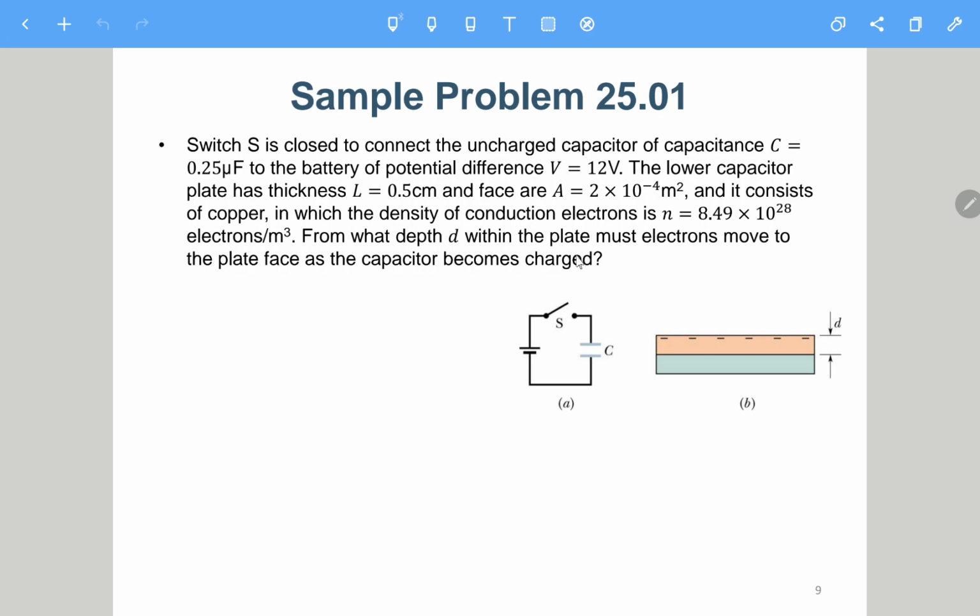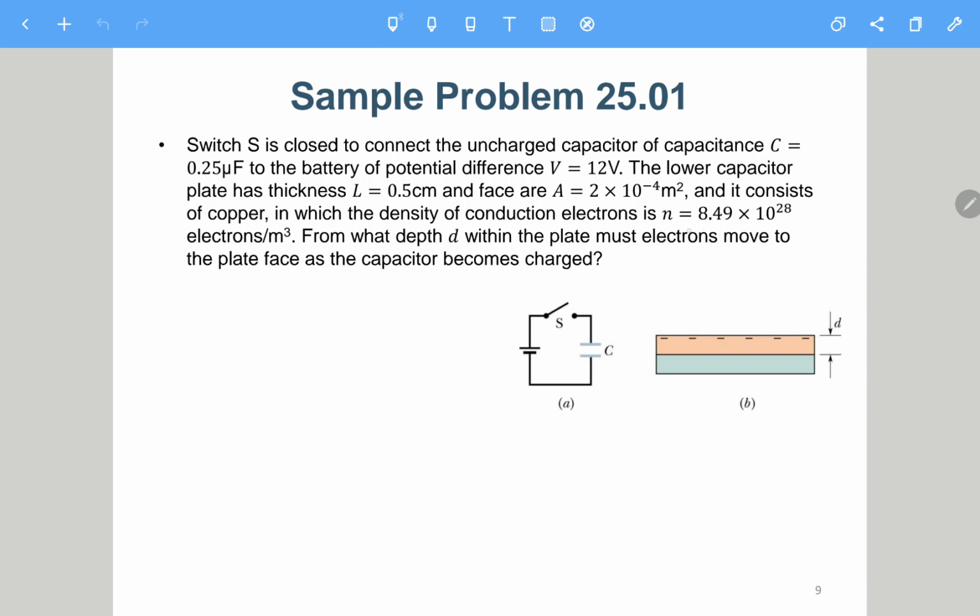Actually it tells you some real physics. Before, I just told you that all the charge in the conductor will go to the surface, but actually there should be a thickness. This problem tells you that the thickness will be really small.